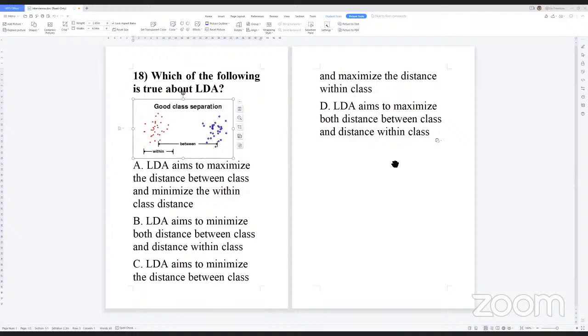Option C, LDA aims to minimize the distance between class and maximize the distance within class. Option D, LDA aims to maximize both distance between class and distance within class. What would be the answer?